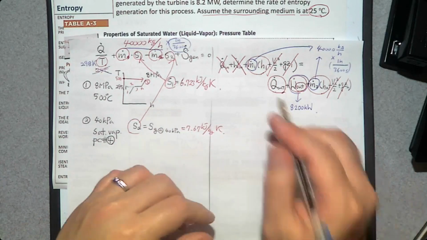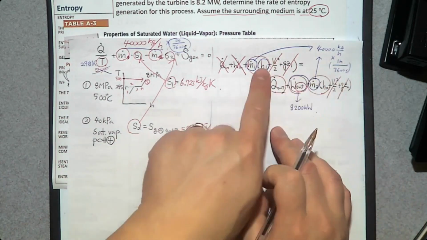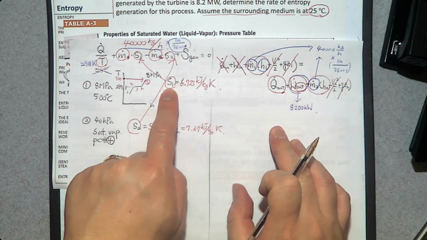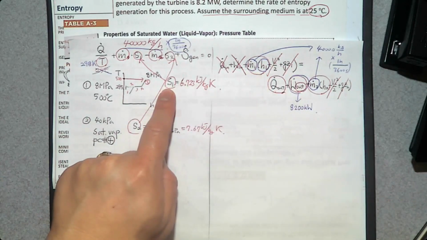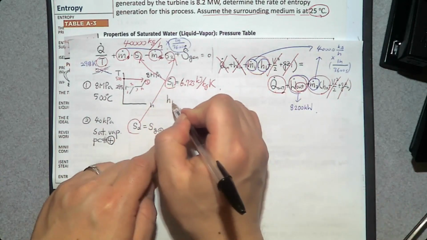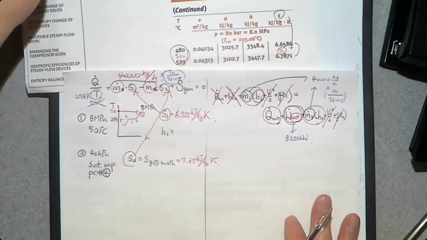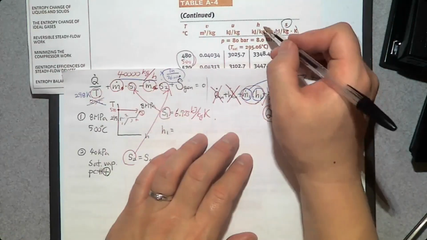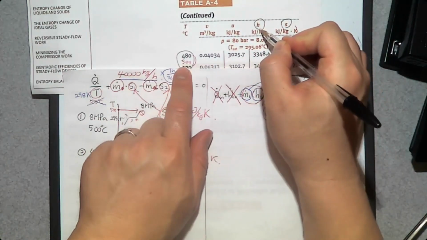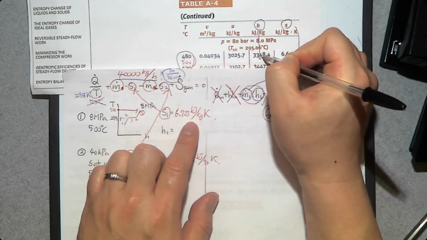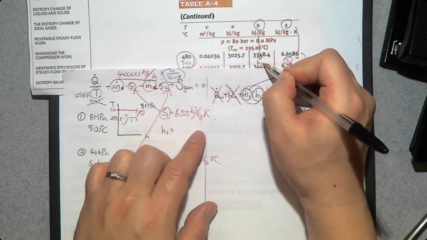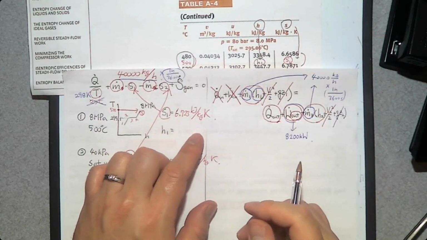Then H1, can you find H1? Yes, it is a superheated vapor. So let's go to the superheated vapor table. H1, going smooth. I like that. Now what is the temperature? 500. Oh, unfortunately, that H1 is not available. So what do you need to do?